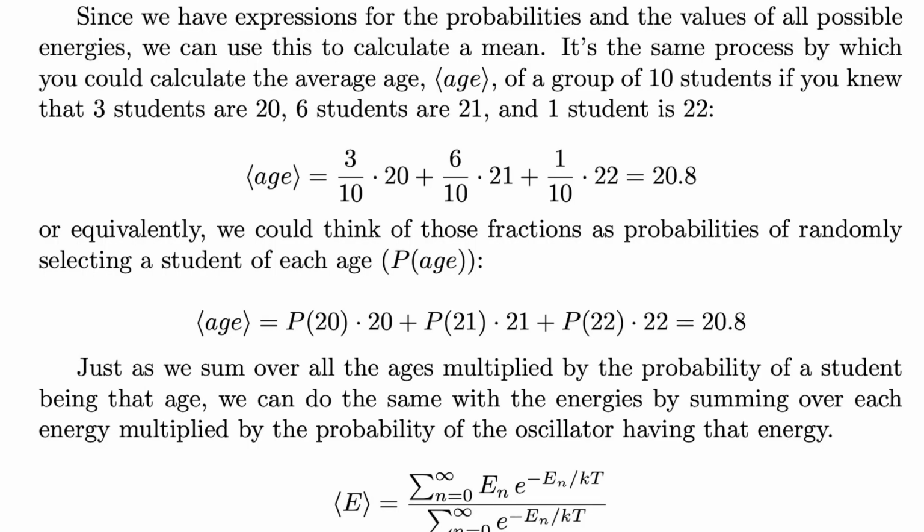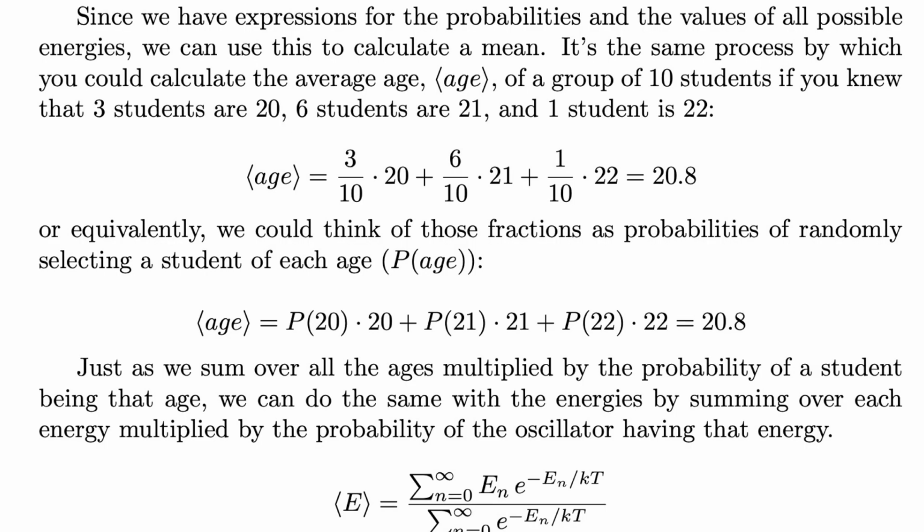So then the expression below, I have the probability of observing a 20-year-old times the number 20, the probability of observing a 21-year-old times the number 21. So you have the age multiplied by the probability of observing that age. And again, we get the same number here. So in this example, what's the partition function for the example with the students and the ages?